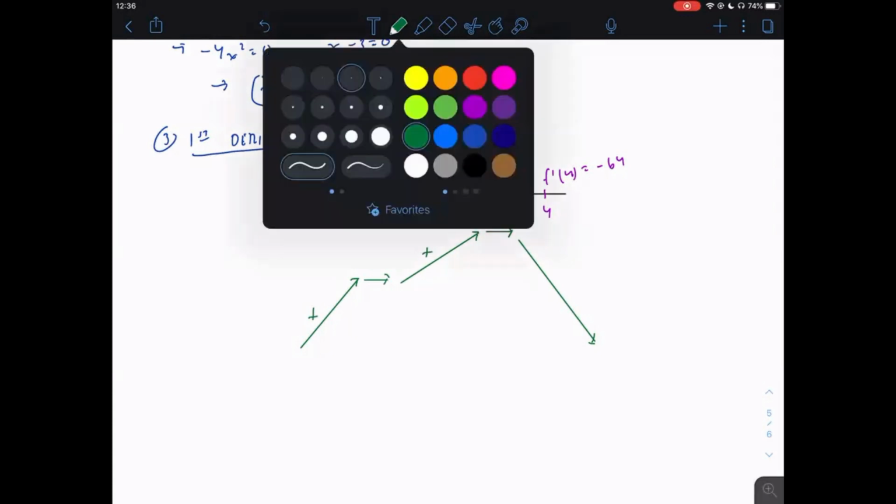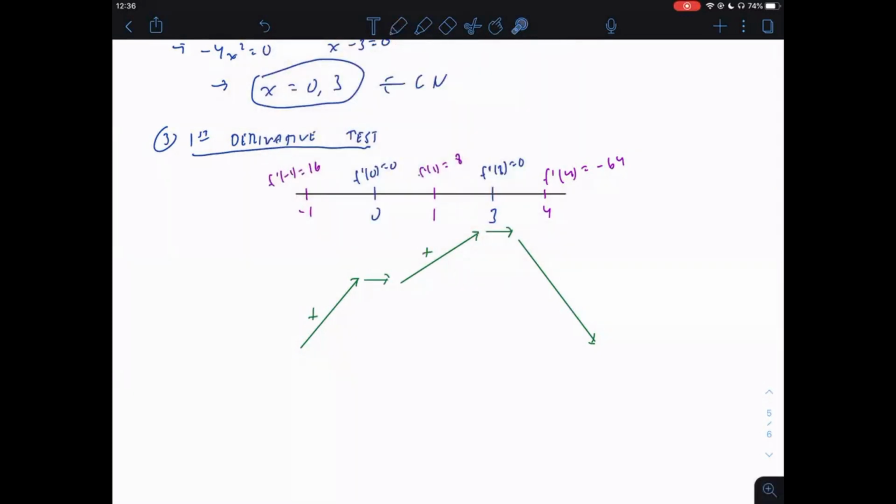Meaning, since there's no change in the direction of our slope, no change of behavior in our function, that means at 0 here, we have no relative max nor relative min. There's no relative extrema. What we have here instead is known as a saddle point. So we have a saddle point at x equals 0, meaning we have no relative extrema at that point.